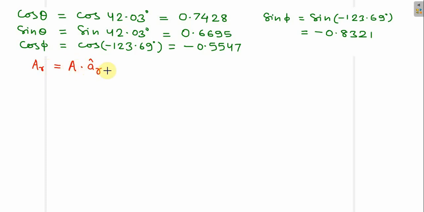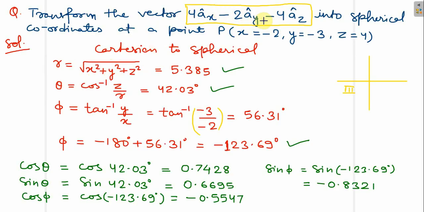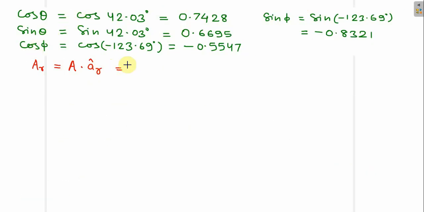So A dot ar will be, your A vector is 4ax minus 2ay minus 4az, dot this ar.